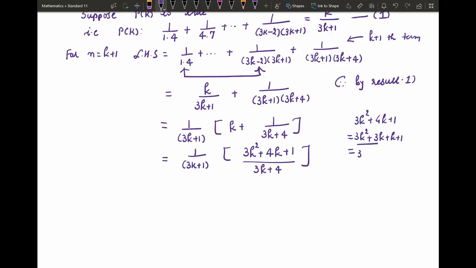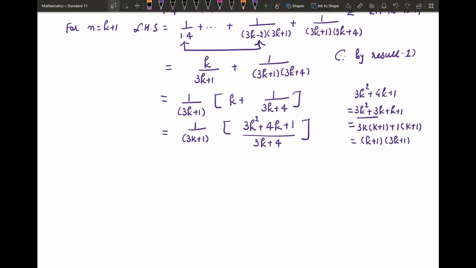Now here you take 3k common, k plus 1 plus 1 common, k plus 1. So this is (k plus 1) into (3k plus 1).